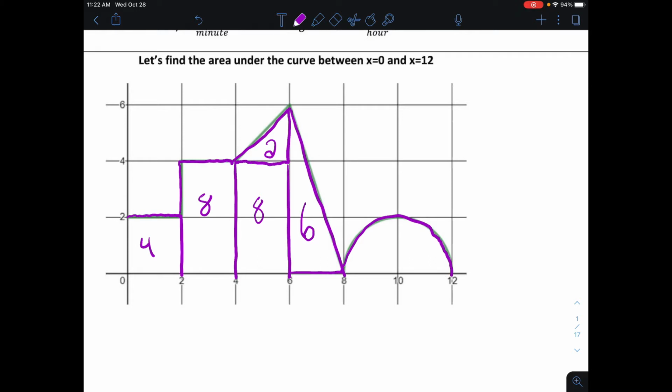Well, r is going to be 2, so pi r squared would be 4 pi, but I have to halve that number, and so this area would simply be 2 pi. And so the area between the curve and the x-axis would be the sum of all of those individual areas, which we would get 28 plus 2 pi as the area between the curve and the x-axis.